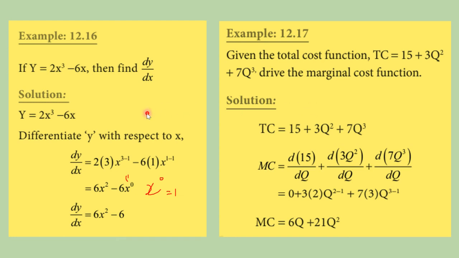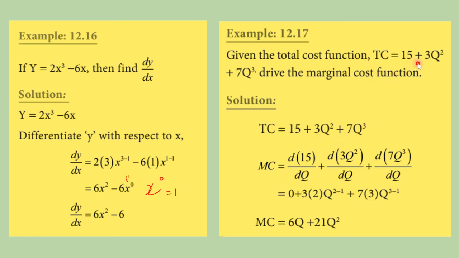So why do we need to study this differential calculus? Where are we going to use it? We are going to use it in economics. So in economics, this is a problem. The total cost is given. From this total cost, what do we have to find? We have to find the marginal cost. So given the total cost function TC is equal to 15 plus 3q square plus 7q cube. Derive the marginal cost function. So the solution is TC is equal to 15 plus 3q square plus 7q cube.